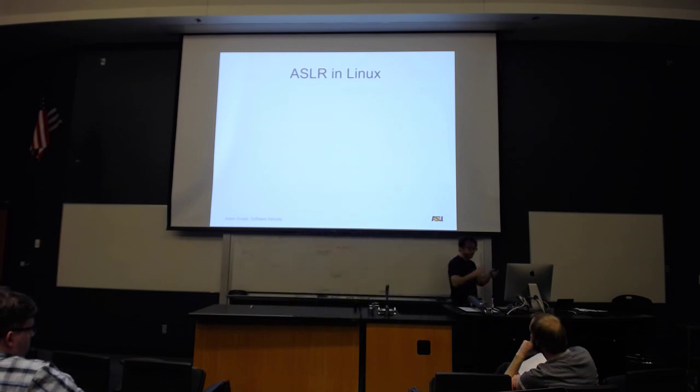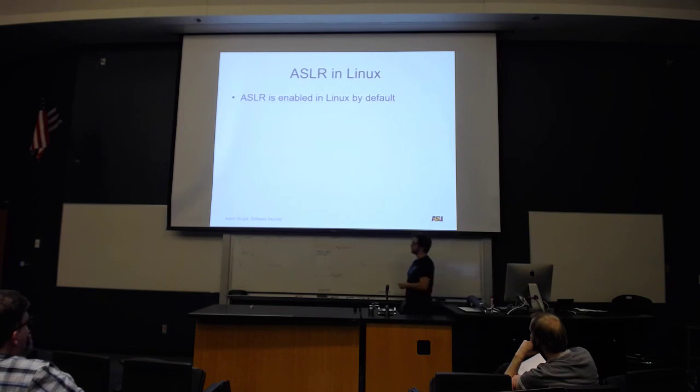You can't assume exactly where it is on the stack. So the stack can be randomized. Dynamic memory, the heap, right? You always allocate the heap. You don't make assumptions about where it's going to be when you're writing code. The heap can be randomized. Almost everything can be randomized. And ASLR is enabled in Linux by default nowadays.